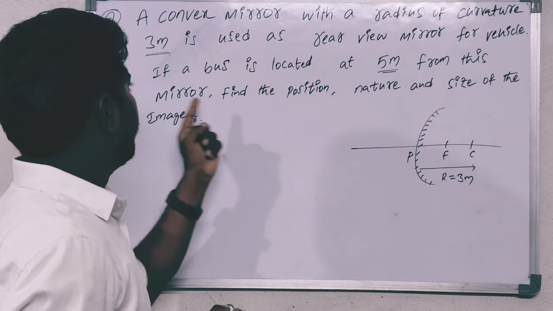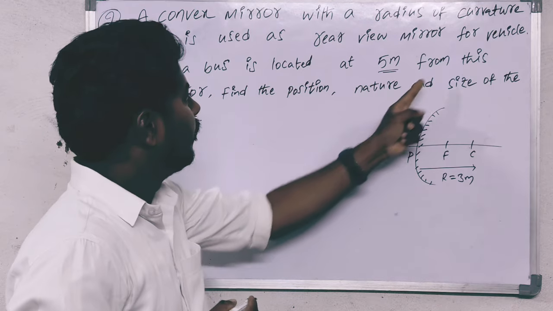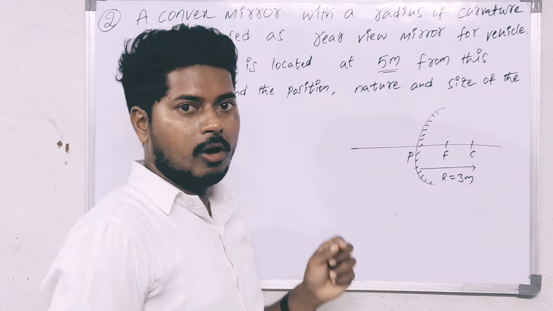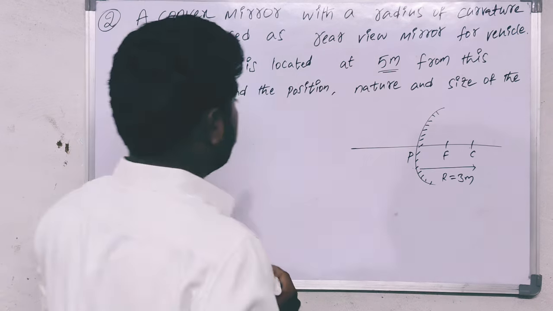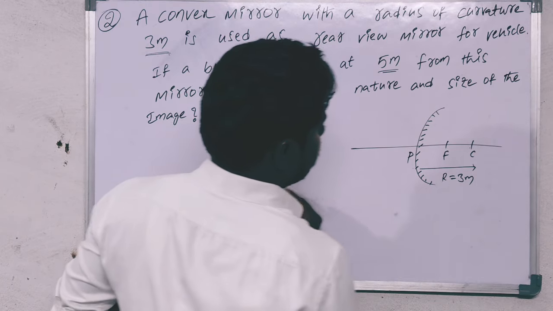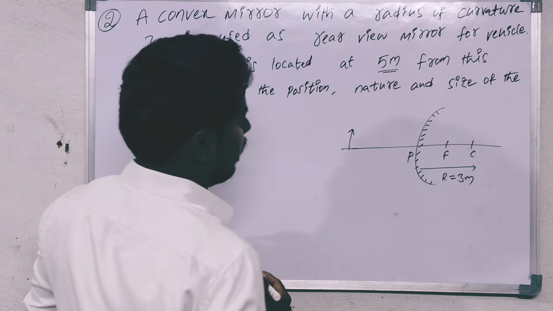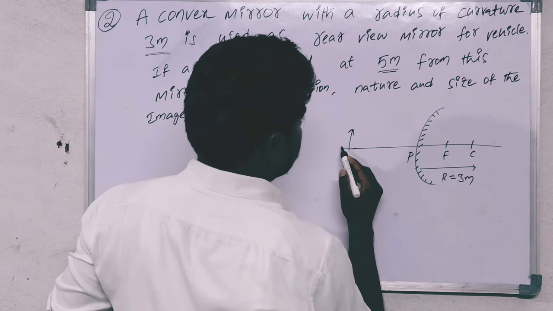Now here the bus is located at 5 meters from this mirror. So every time the object should be placed in front of the mirror. So our bus object is placed in front of the mirror at 5 meters distance.